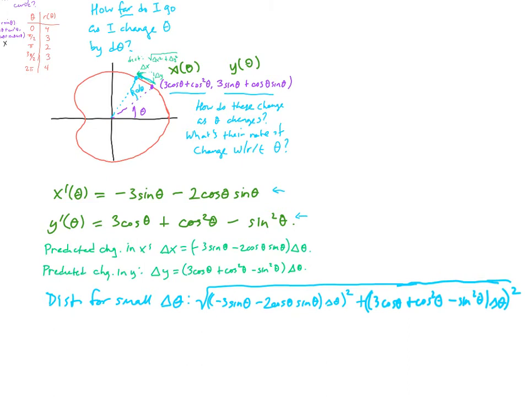Now, one thing you'll notice is that each of these terms here is going to have a delta theta squared because that's getting squared. Same here. That delta theta, I can actually pull it out, and I get the same thing, negative 3 sine theta, etc., etc. I'll just write.